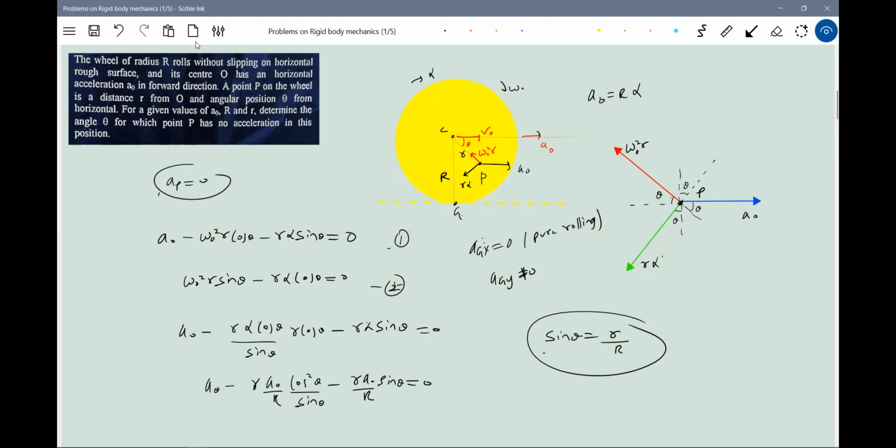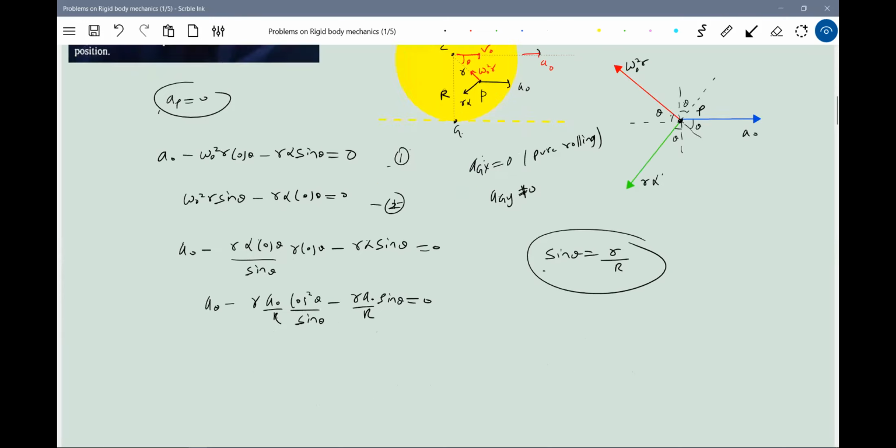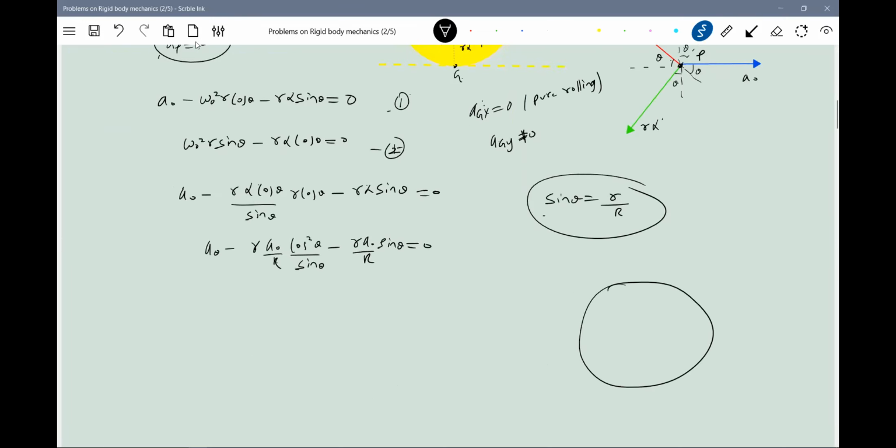I'm making things clear. We got this theta, I'll vary theta. No, only here it is possible. You check it here, not possible. Just draw the diagram. Very simple it is. You draw the diagram. Here A naught, R alpha and omega square R. So resultant not possible, no?